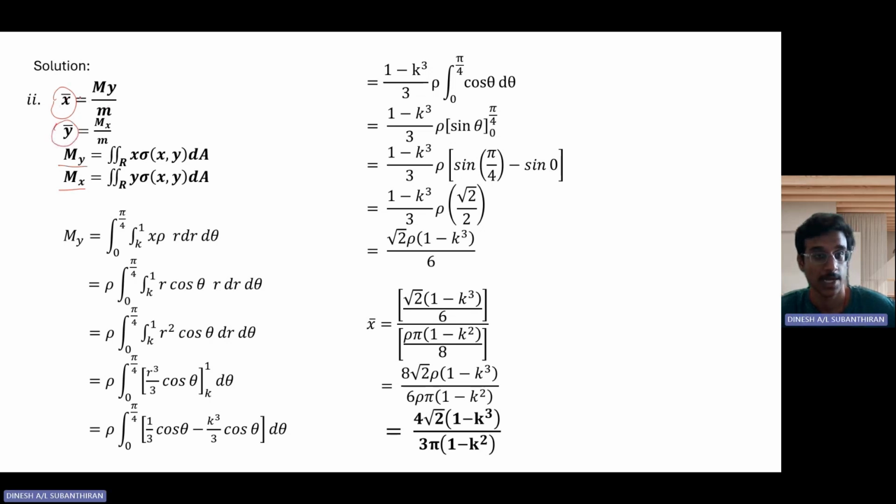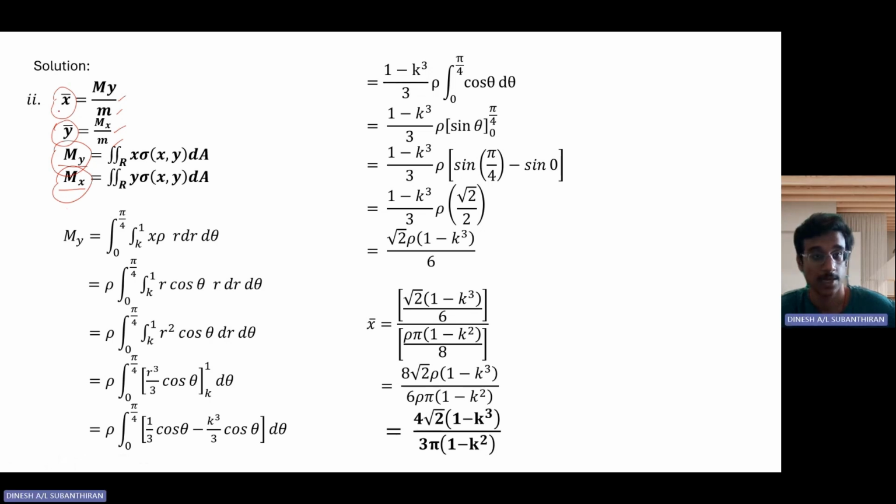So the equation of x̄ will be My over M, and the equation of ȳ will be Mx over M. Here My is the moment of the lamina about the y-axis, and Mx is the moment of the lamina about the x-axis.